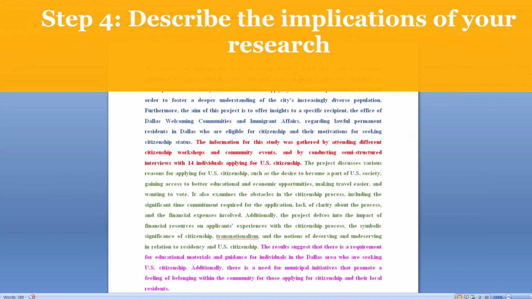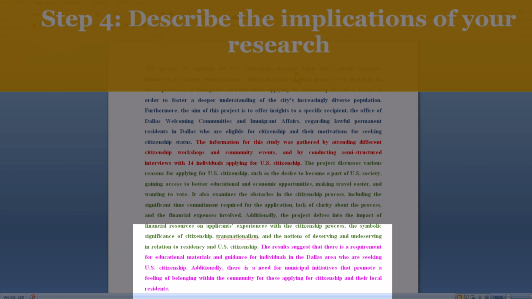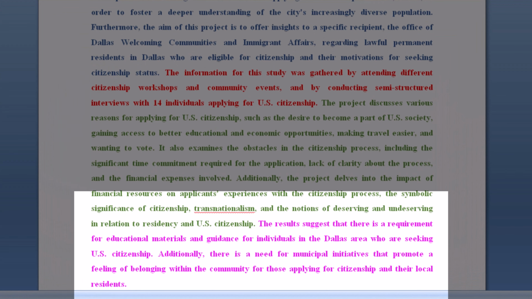Step 4. Describe the implications of your research. When you're going through a lengthy report, have you ever struggled to understand the significance of the findings in relation to the larger context? Well, that's where the implications section comes in, to emphasize the "so what" of your research. In this segment of your abstract, it's important to address the following inquiries.